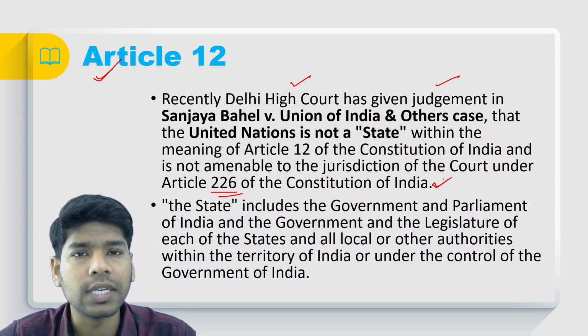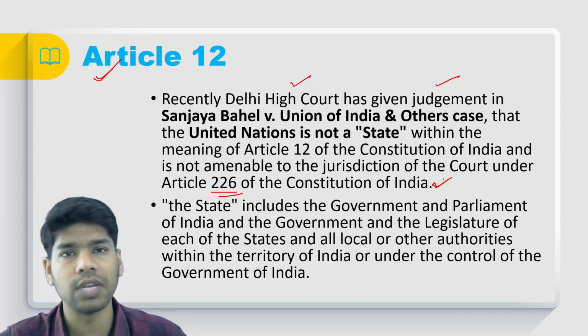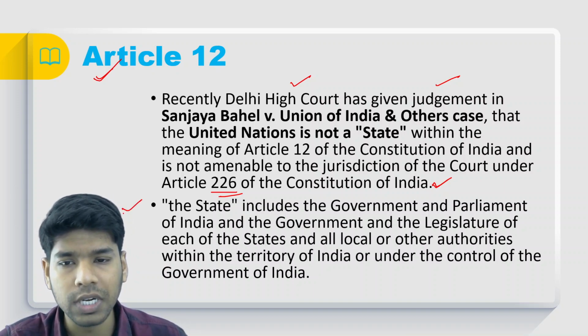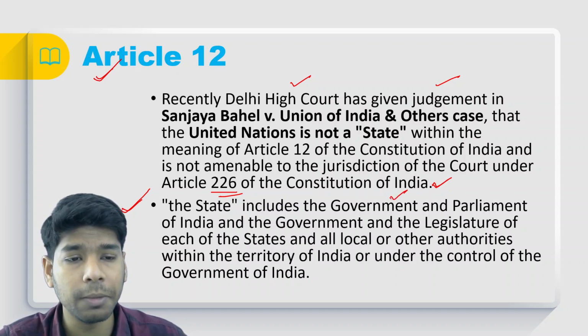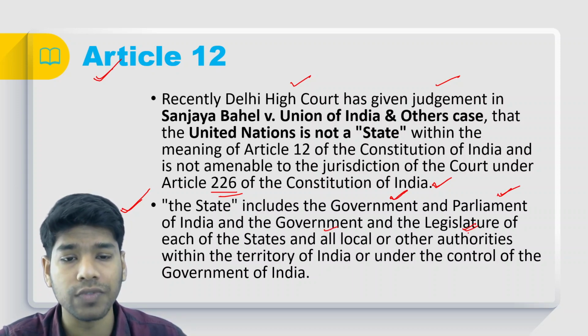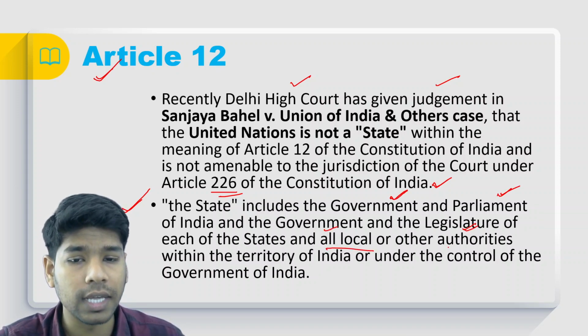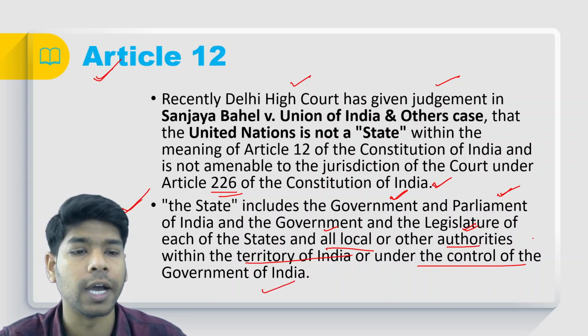So with this article, the question arises: what is a state? What constitutes a state? Let us see the definition now. As per the Constitution of India, the state includes the government and the Parliament of India, the government and the legislature of each of the states, and all local and other authorities within the territory of India or under the control of the government of India.